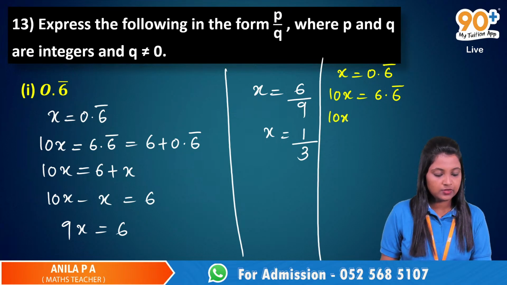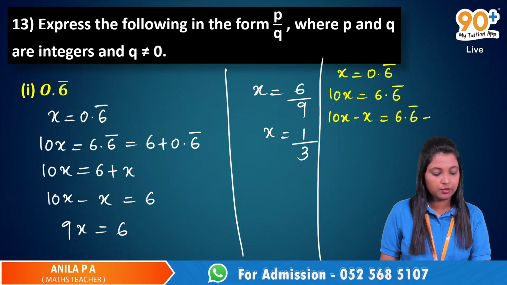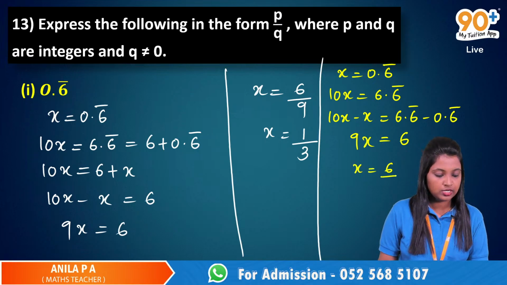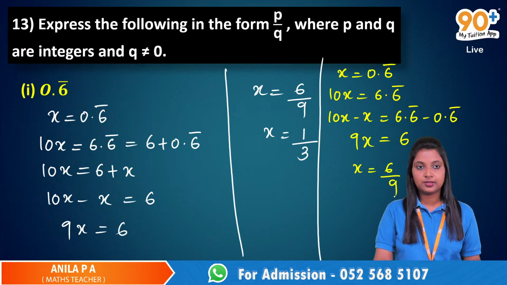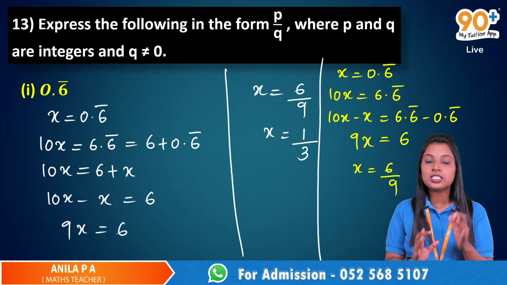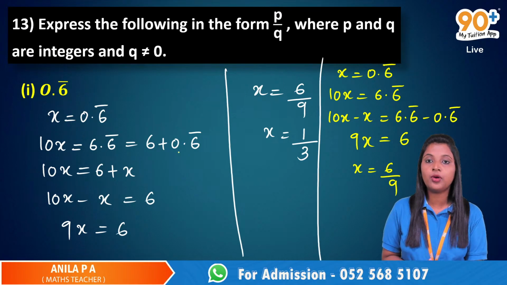So we just subtract the first equation from the second equation. So it will be 6.6 bar minus 0.6 bar. So we will get 6. 9x is equal to 6. This implies x is equal to 6 by 9 and you will get the answer. Both are correct. Here he just split 6.6 bar as 6 plus 0.6 bar.